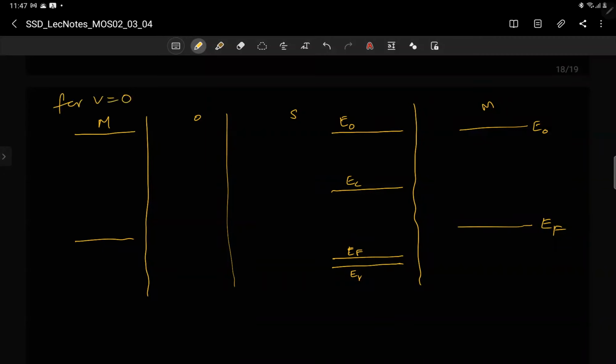So this and this Fermi level should be aligning. So this is the left hand side EF. This is E naught. Okay, so I will fix this E naught. There is not much drop in the metal, so I'll just keep it continuous up to the edge of the metal region. And now I have to push this up.